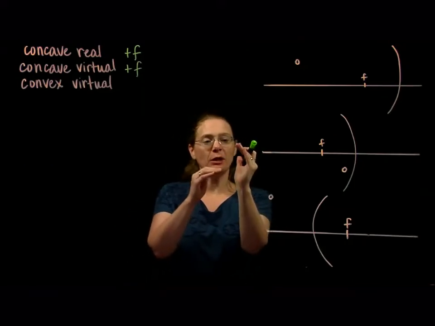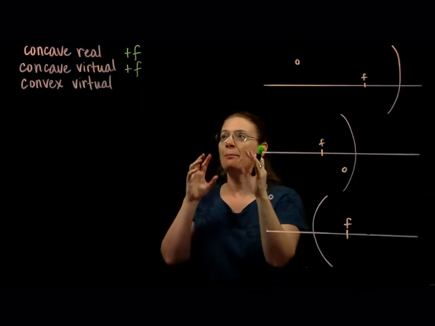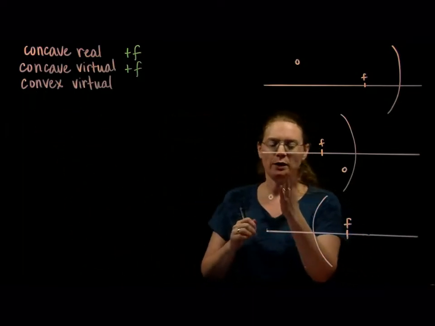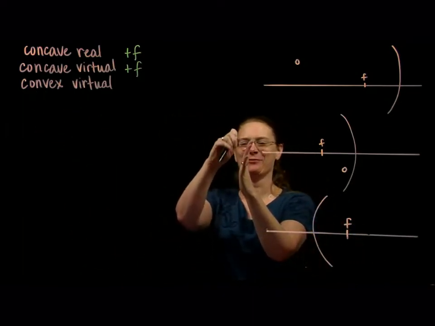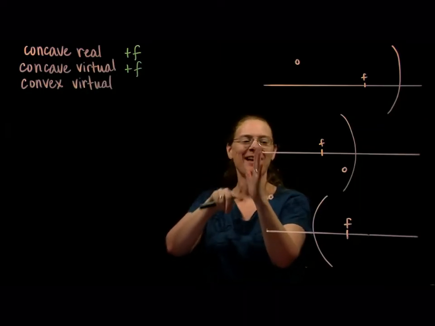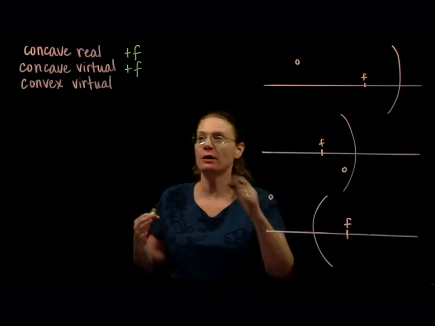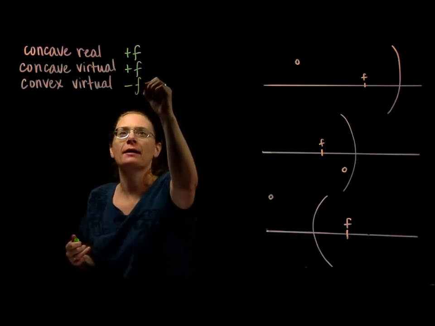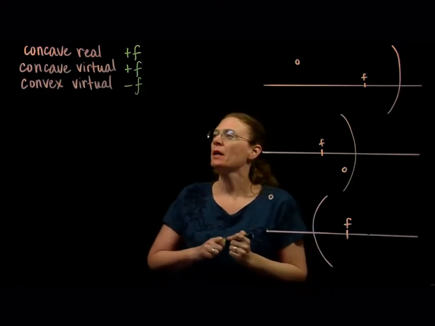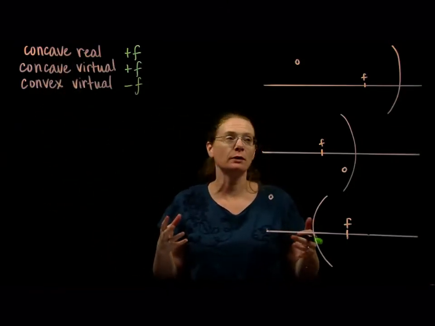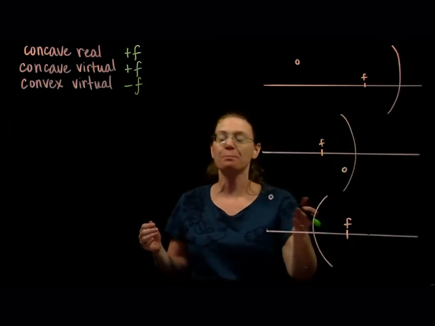When we have a convex mirror, where the mirror is mirrored on the outside like this, then that's a convex. And again, based on the shape of the mirror, we know that it has to have a negative focal length. So concave and convex tell us something about the sign of the focal length and the shape of the mirror.